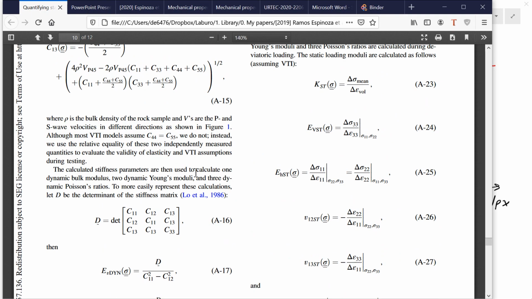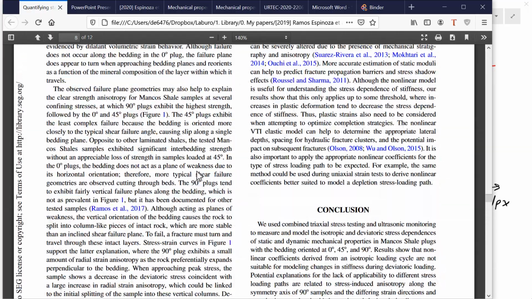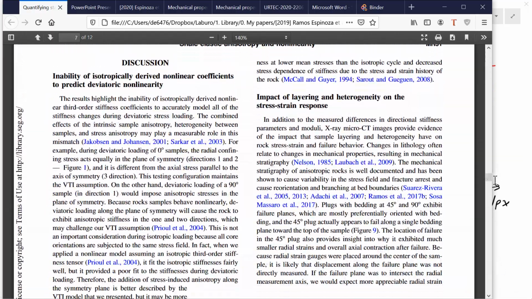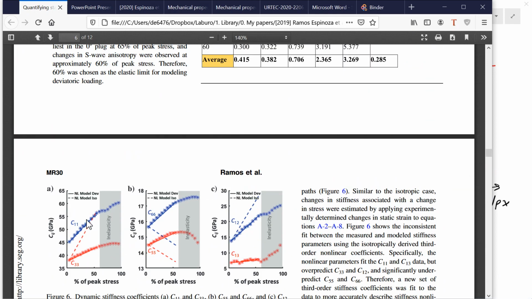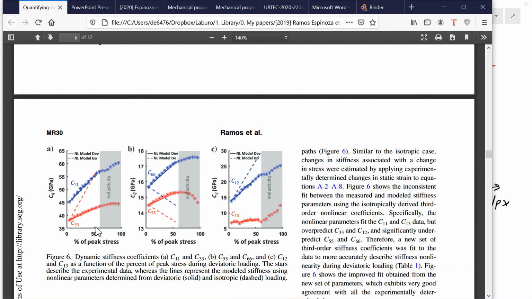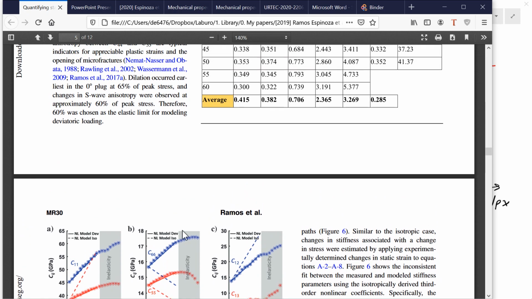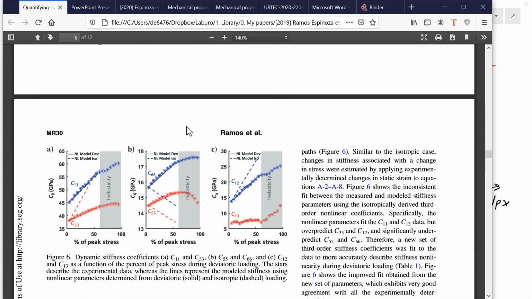For example, in this study, we see data in which we can observe the measurement of these Cij coefficients, in this case as a function of peak stress, and we can see clearly how C11 is larger than C33, C66 larger than C55 or C44, and also the relationship between C12 and C13.